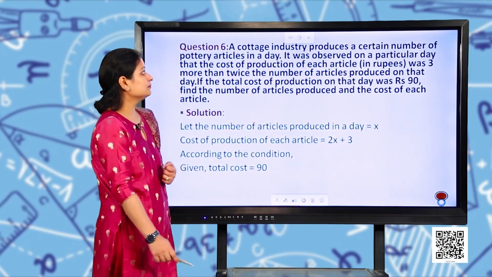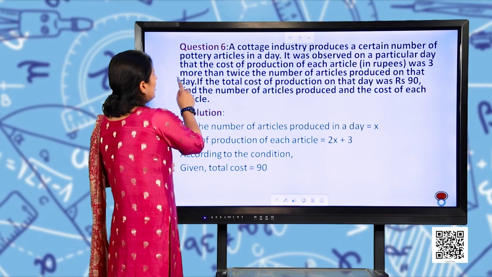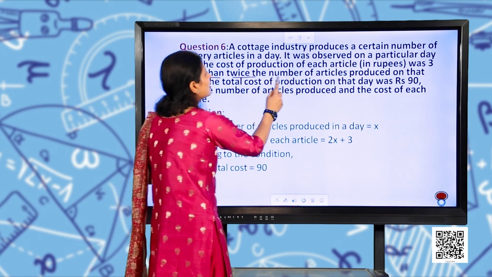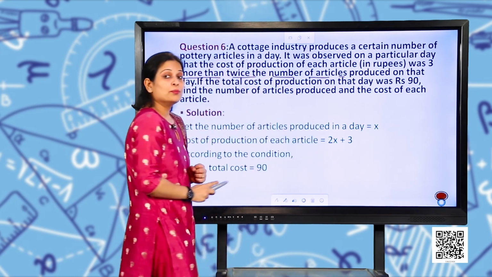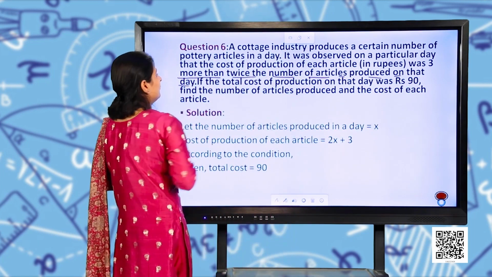Now, next, a cottage industry produces a certain number of pottery articles in a day. It was observed on a particular day that the cost of production of each article in rupees was 3 more than twice the number of articles produced on that day.